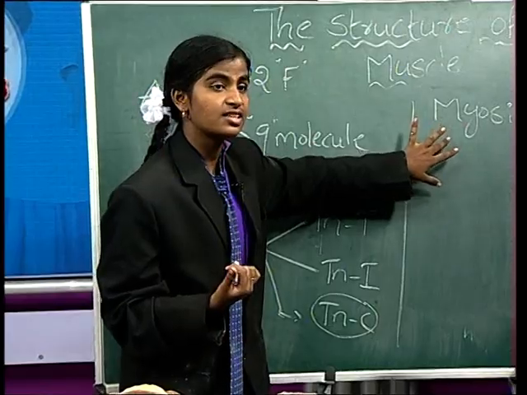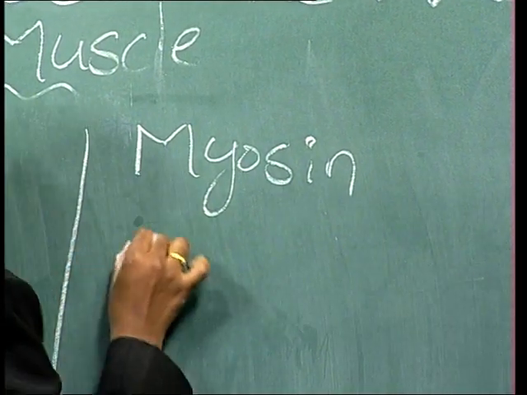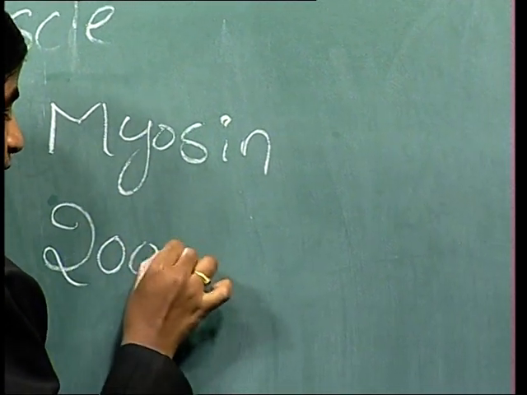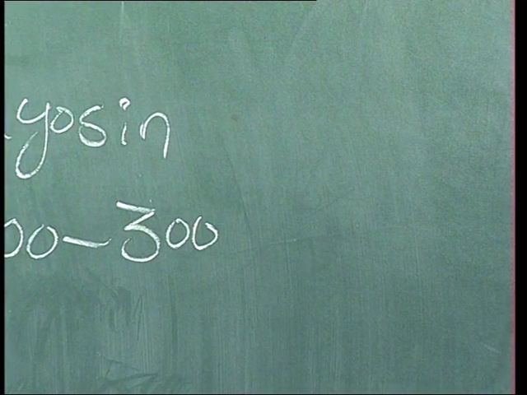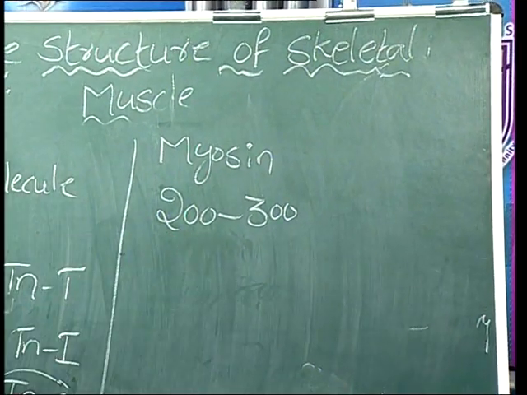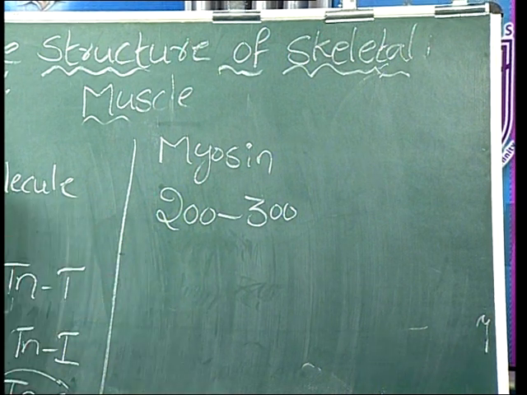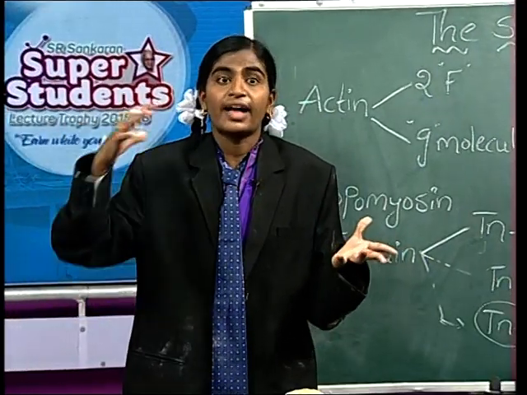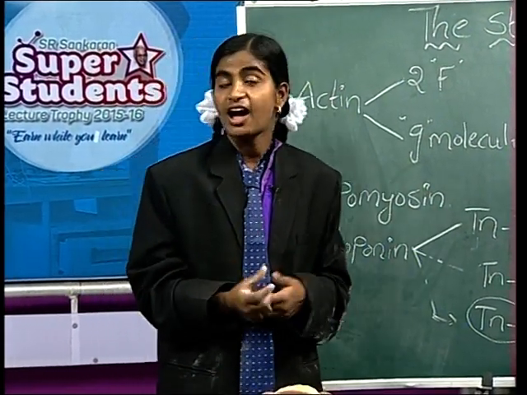There are 200 to 300 myosins present in each thick filament. Generally, myosin can convert chemical energy into mechanical energy in the form of adenosine triphosphate.